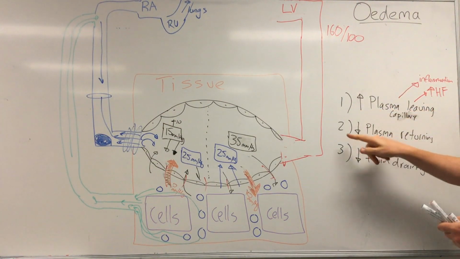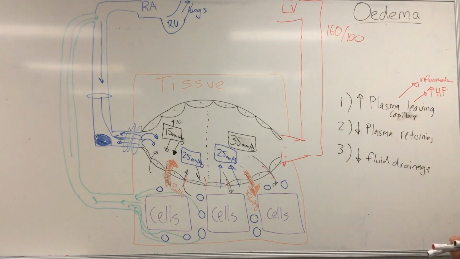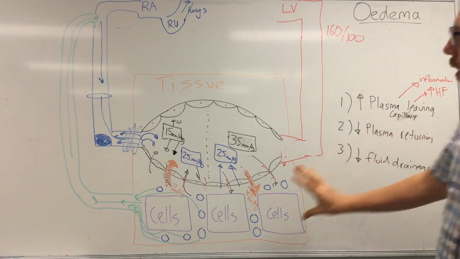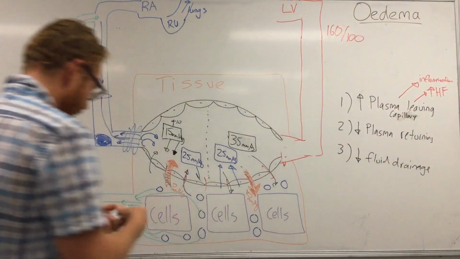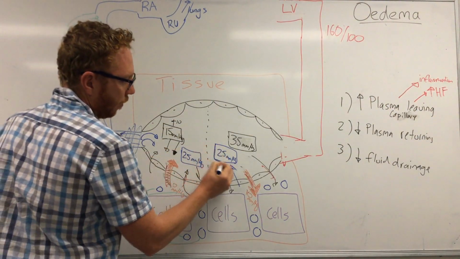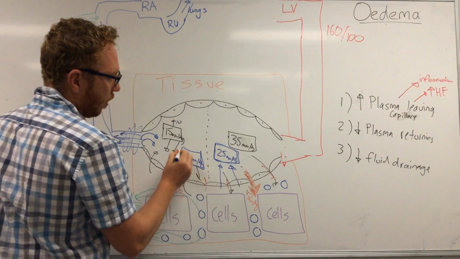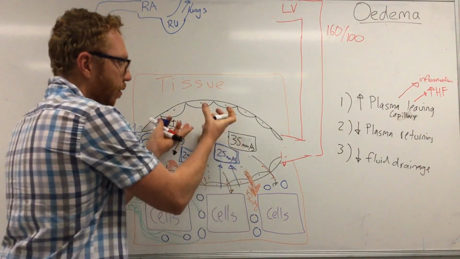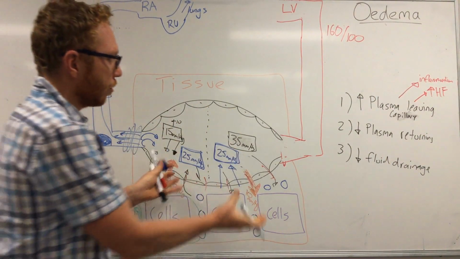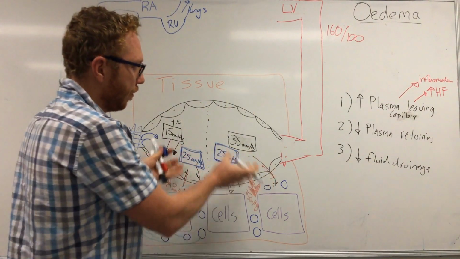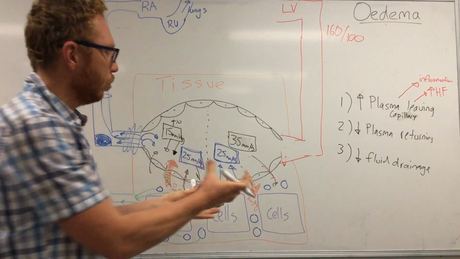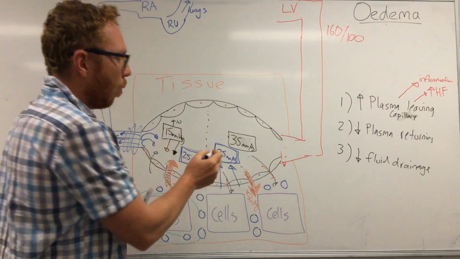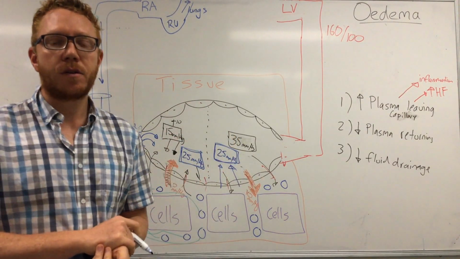The next one: what would decrease the plasma returning into the fluid? Well, this is all working at this level. We know that we have a sucking force, or a drawing force, or an osmotic force of 25 millimeters of mercury that pulls the fluid back in. What would cause that to decrease?